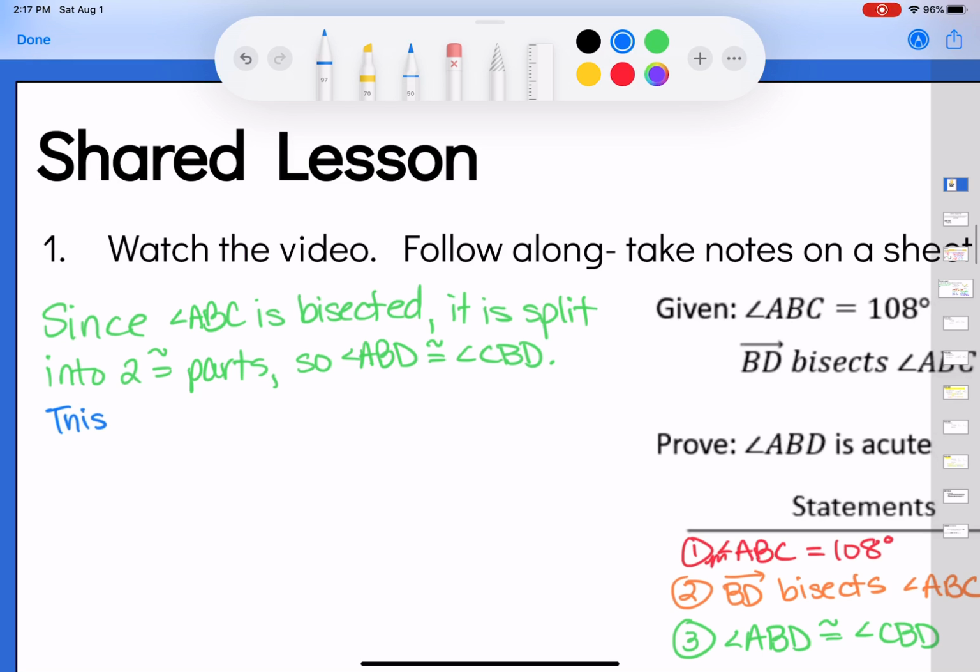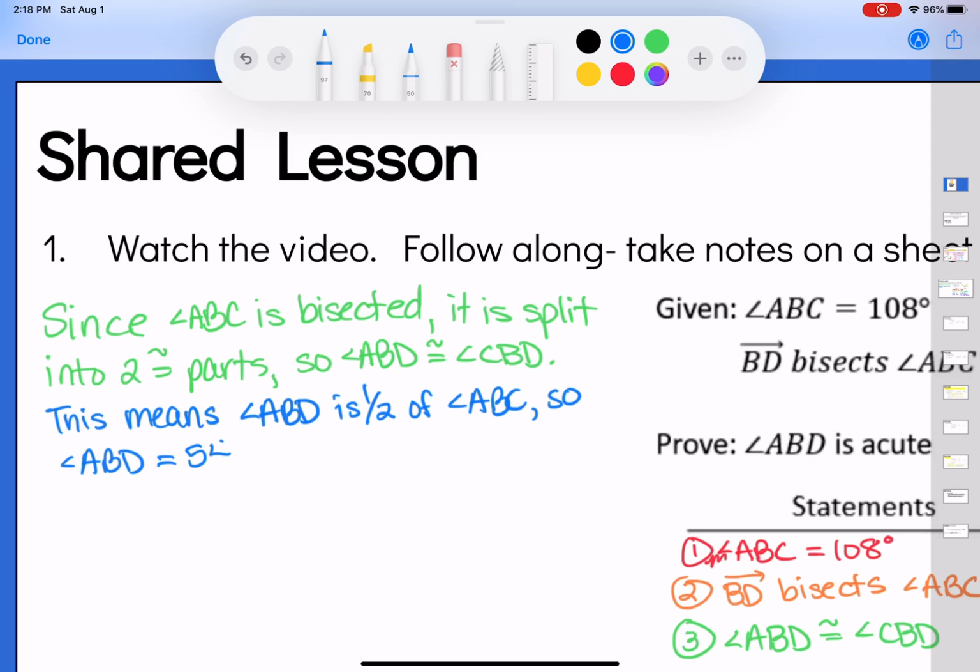This means angle ABD is 1/2 of angle ABC, so angle ABD equals 54 degrees.